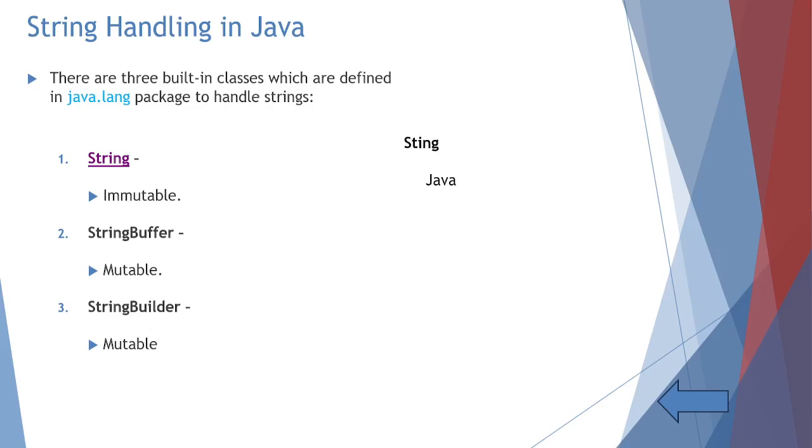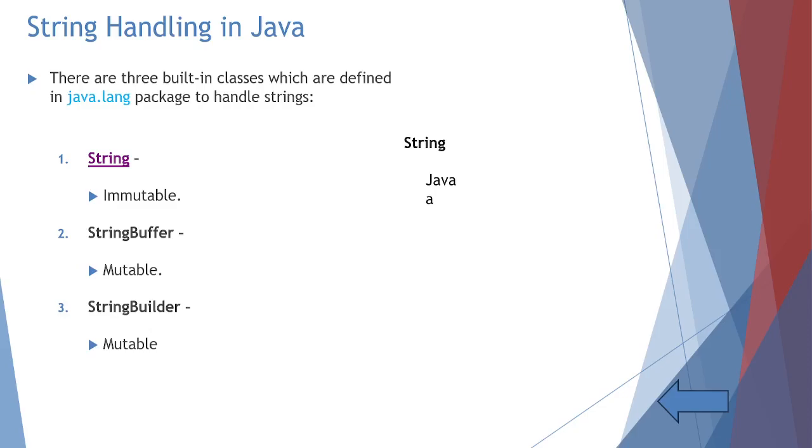We've created a string Java using the String class. Now we want to reverse Java. Being immutable, when we try to reverse, reading from last using a for loop, and storing in reverse order in some other object, S2, let's assume. S1 is Java, S2 should contain the reversed string.